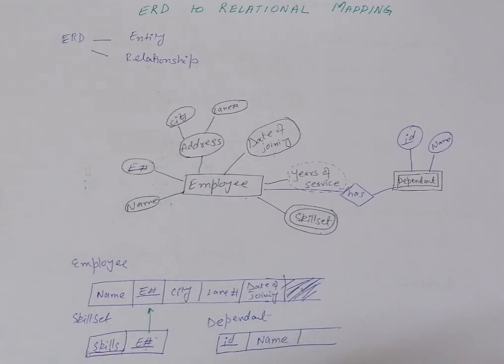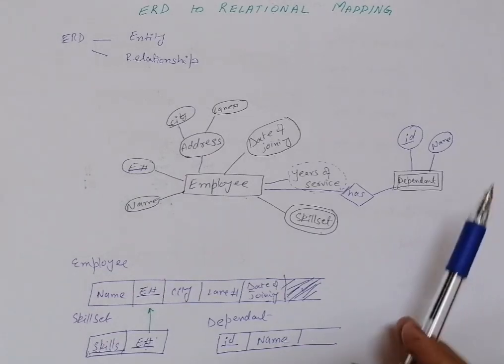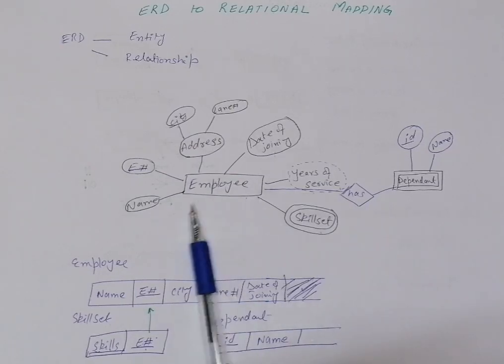But there is another thing: every employee may have a dependent. It is quite possible that some employees may not have any dependent, but if there is an entry of dependent in a table, that means it must belong to a particular employee. So how do we create the link between dependent and employee?